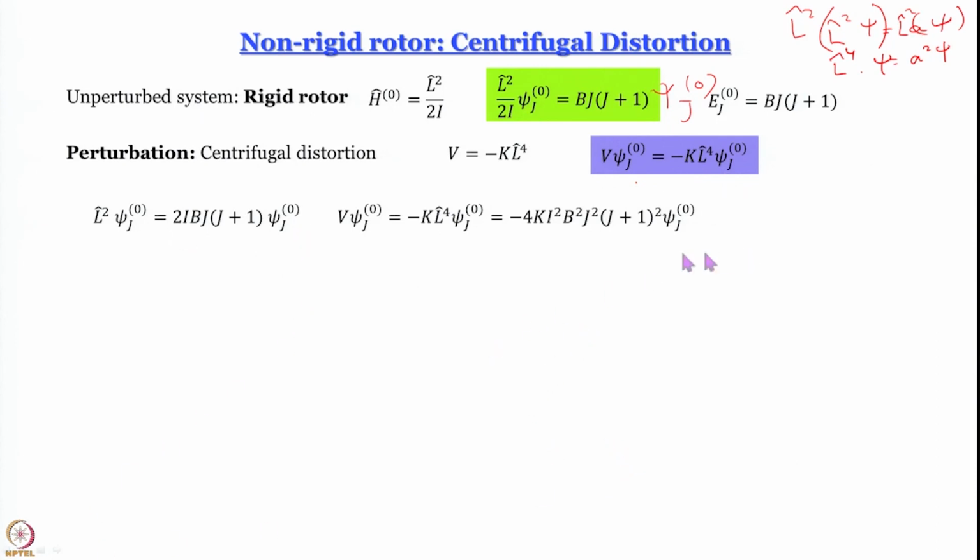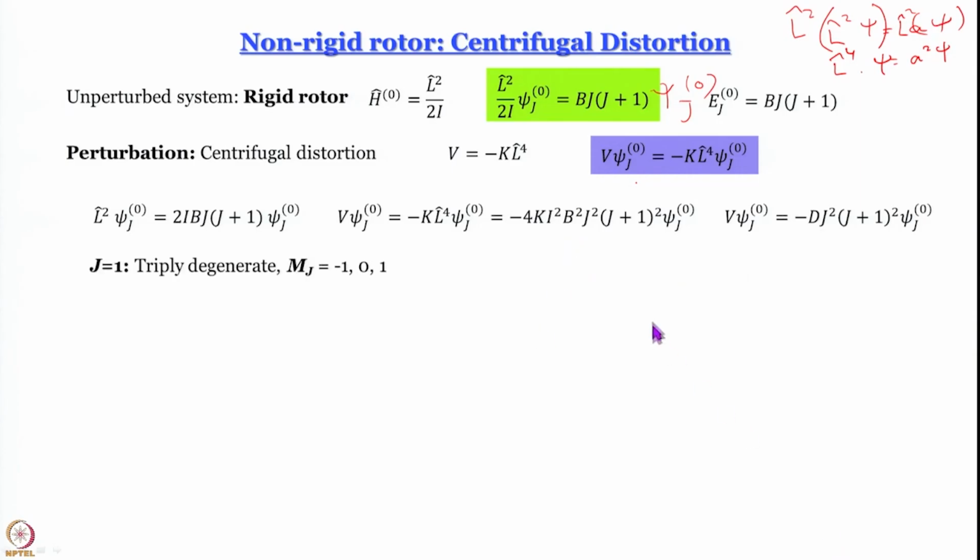Okay. So, this is what I get, this is the eigenvalue of this V operator. Okay. So, V operating on psi j 0th gives me, in short we will write minus D into j square into j plus 1 whole square psi j 0th, where D is equal to 4 k I square B square.